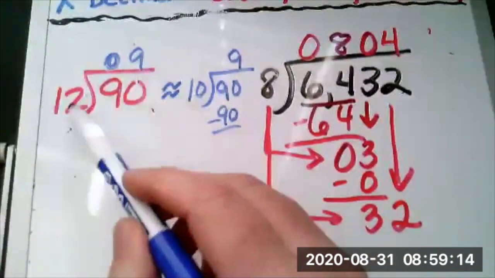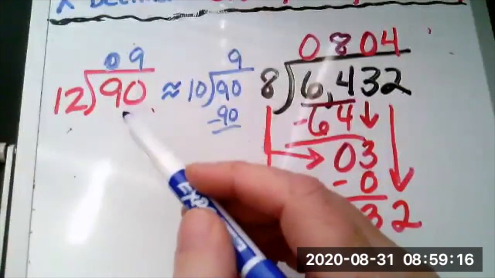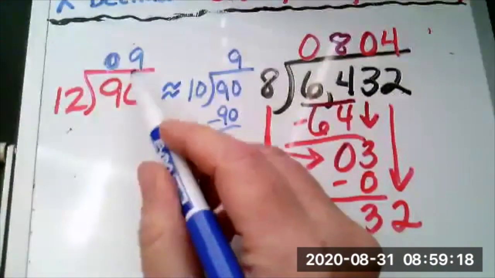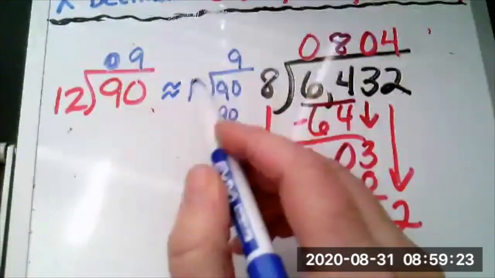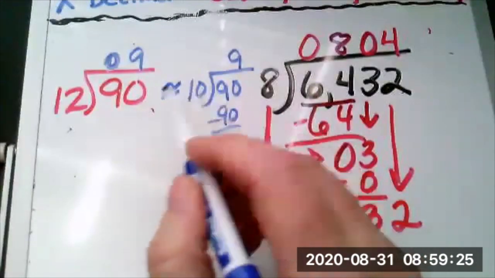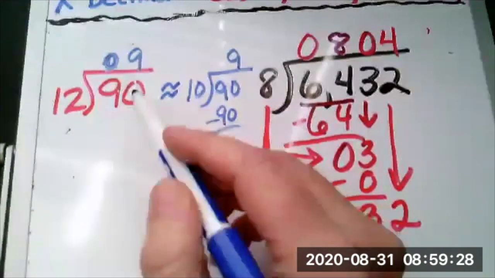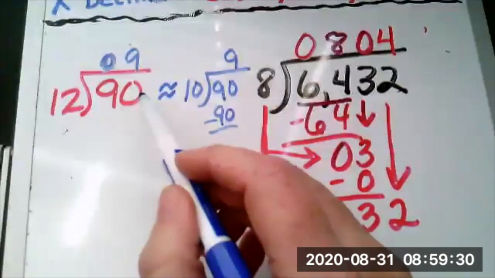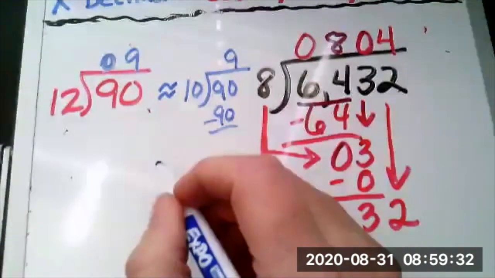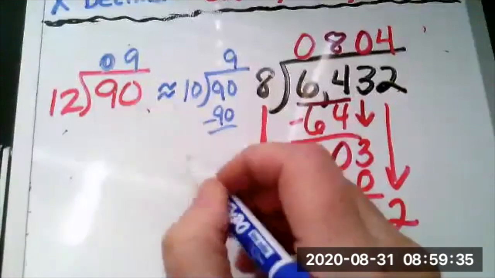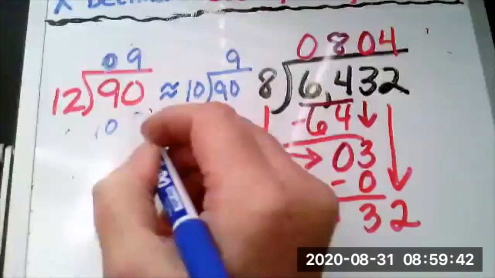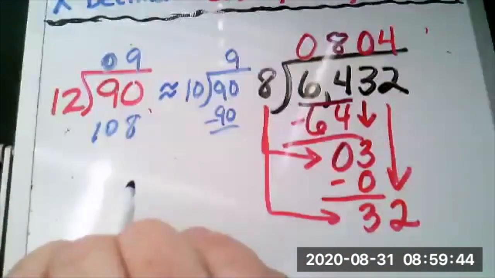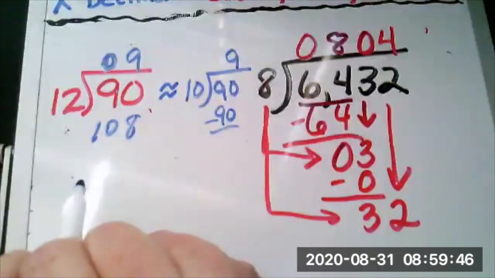But 9 times 12, let's see, 9 times 12 is brain freeze. 108. 108's too big for 90.